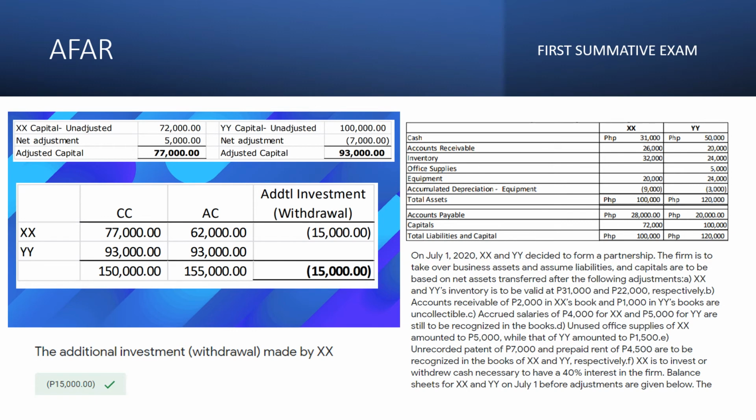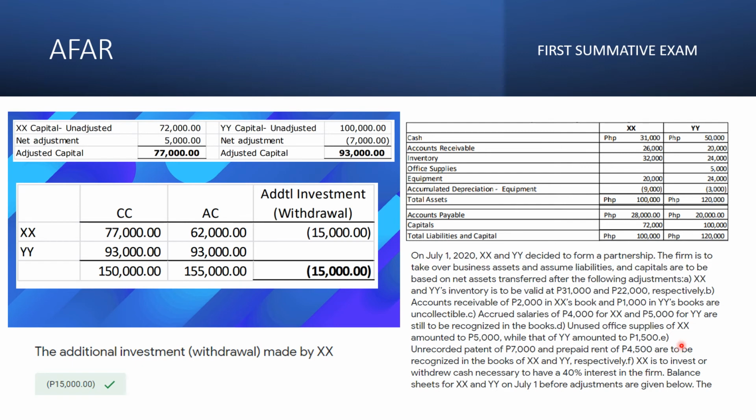For our next question, what is the additional investment or withdrawal made by XX? Be reminded that in detail F, XX is to invest or withdraw cash necessary to have a 40% interest in the firm. We go back to our previous question.